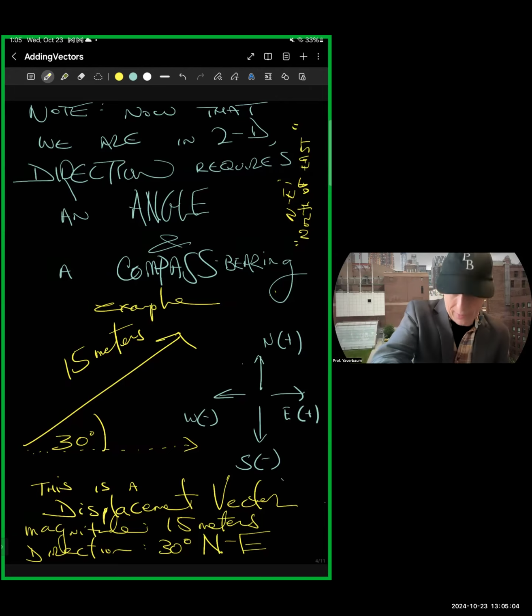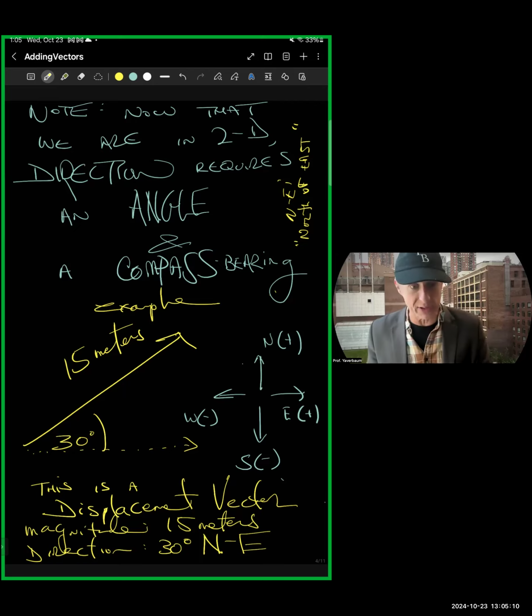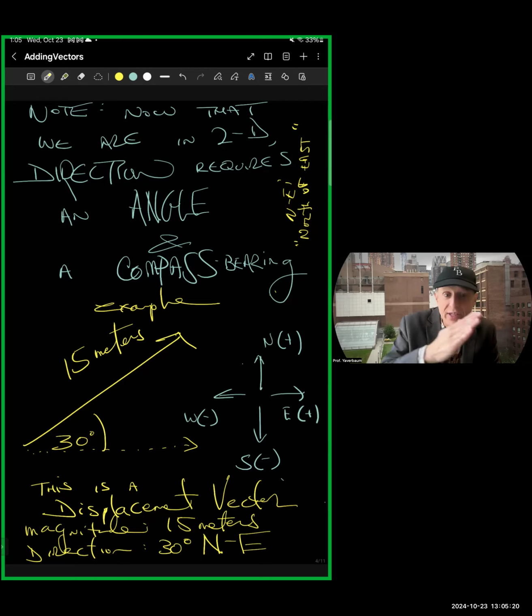So I made a little legend, a coordinate system in blue. Then assuming that coordinate system, my yellow arrow represents someone, for example, who walked 15 meters at 30 degrees to the northeast.